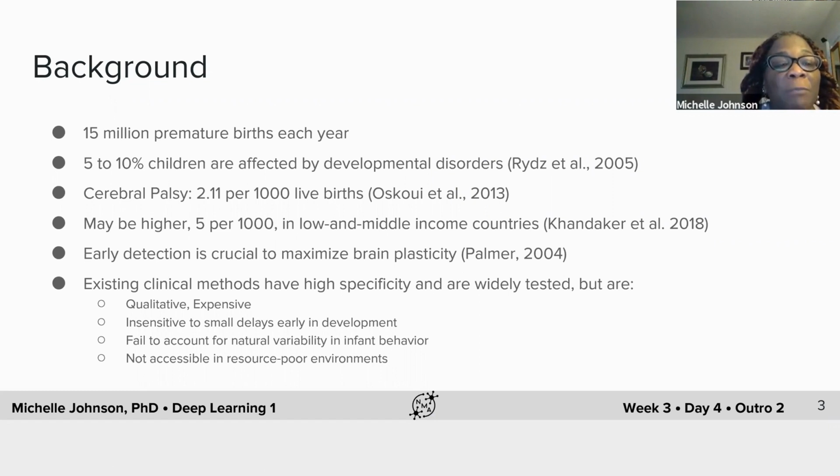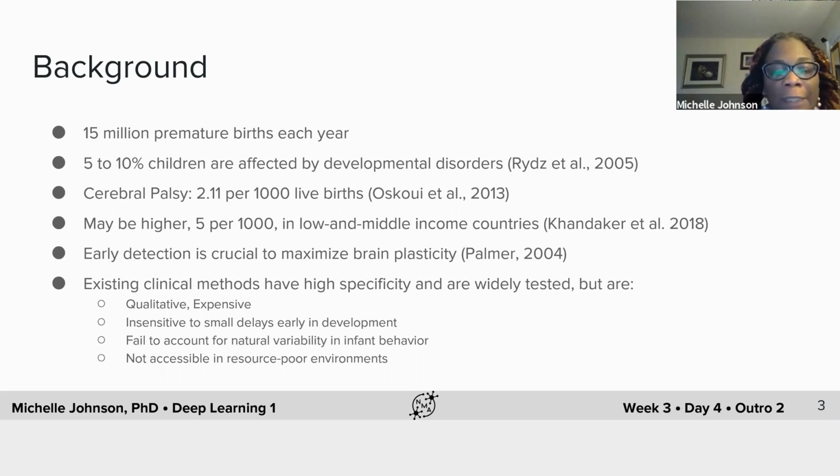There are 15 million premature births each year worldwide, and we estimate that 5 to 10% of these children will be affected by developmental disorders. This essentially means that they'll have difficulty functioning in their daily lives as a result of the developmental disorders. The most frequent developmental disorder is cerebral palsy, which affects about 2.11 infants per 1,000 live births.